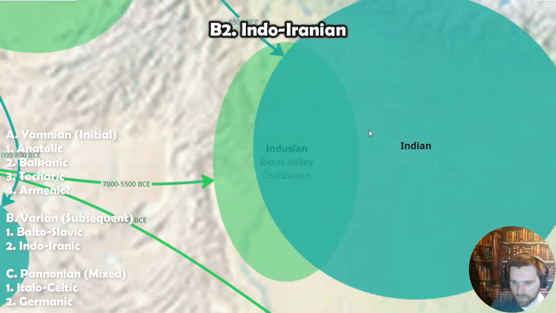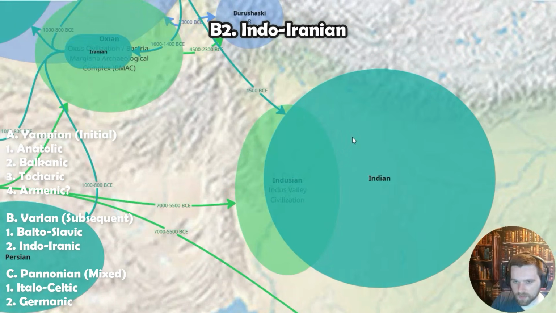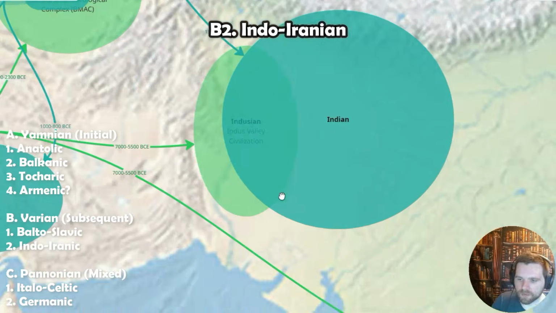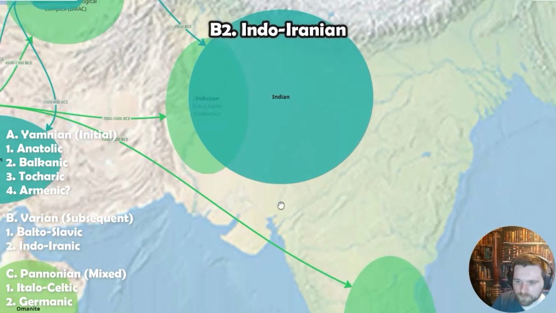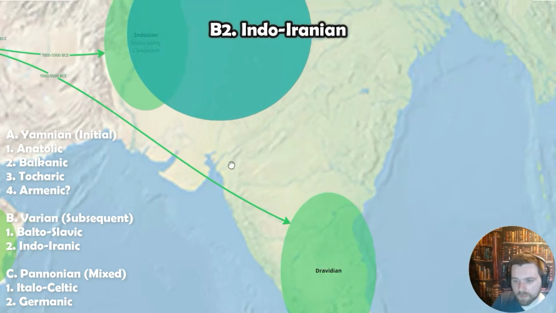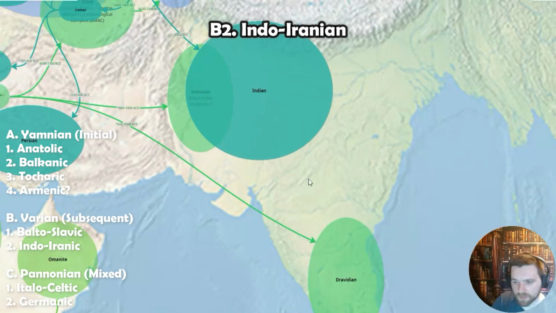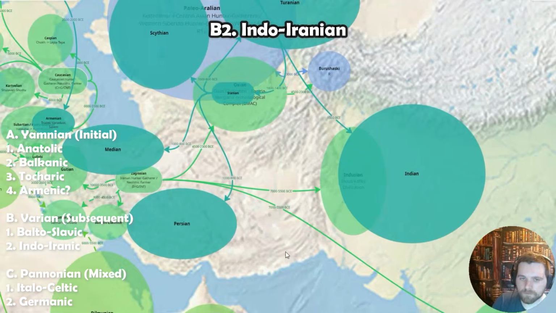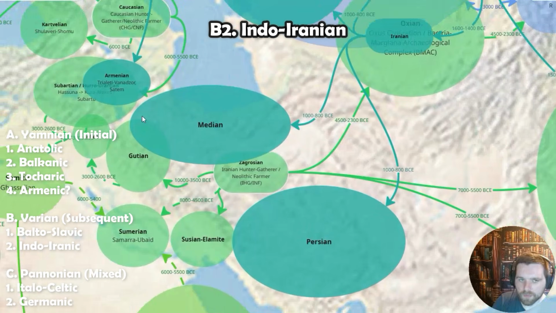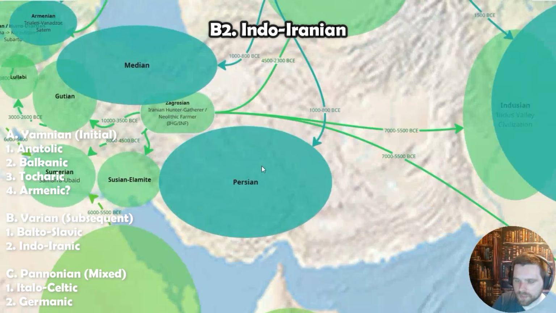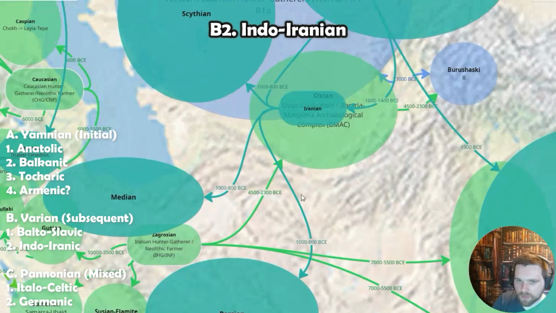And in India, that would be coming in and having an upper class of Brahmins, warriors, and such over the indigenous Indus Valley civilization and the remnants of it, which would most likely have been related to the Dravidians that still live in southern India today. In Iran, there are a few little branches. The Median branch is the Western Iranian branch, and the Persian is the main central Iranian branch.